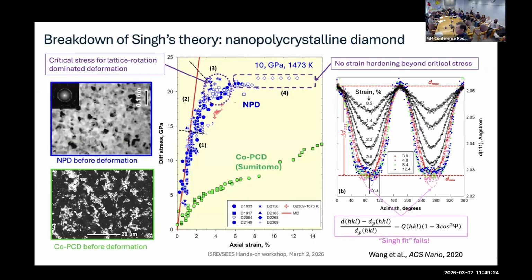It doesn't deform anymore. You basically only broaden these troughs. So basically, this fit that I showed you earlier breaks down. And so you have to really keep in mind, there are several materials that are exceptions, you can't just blindly use the theory to fit everything.